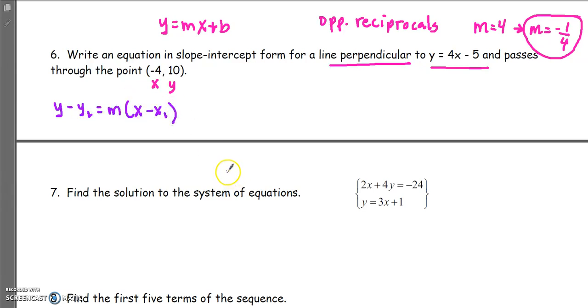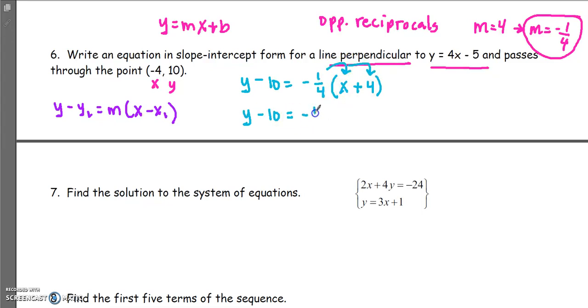So there's point slope form, so let's just start plugging in. I have y minus, my y value is right here, it's 10, equals my new slope needs to be negative 1 over 4 times x minus my x value, which is negative 4. So minus a negative is really going to be a positive. Then I have to distribute to get rid of my parentheses.